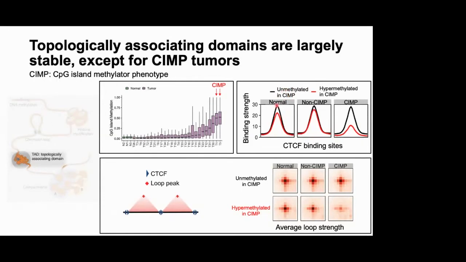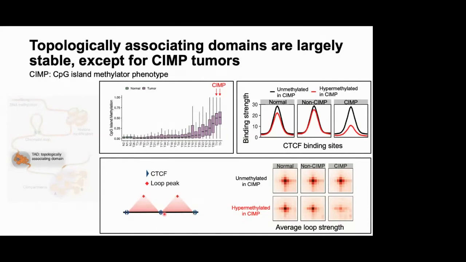Then we compared the average binding strength in the normals and the non-CIMP tumors, and you can see that in the normal and non-CIMP tumors, these regions don't change their binding a lot. However, in the CIMP tumors, where these regions are hypermethylated, we also lose CTCF binding. The reason I'm telling you this is because CTCF sits at the boundaries of TAD structures. And actually, TAD structures are thought to be created by the binding of these proteins.